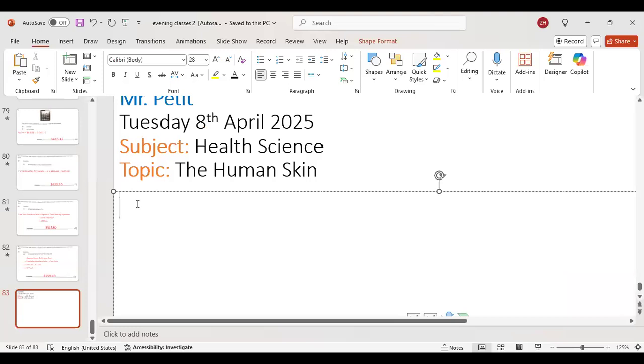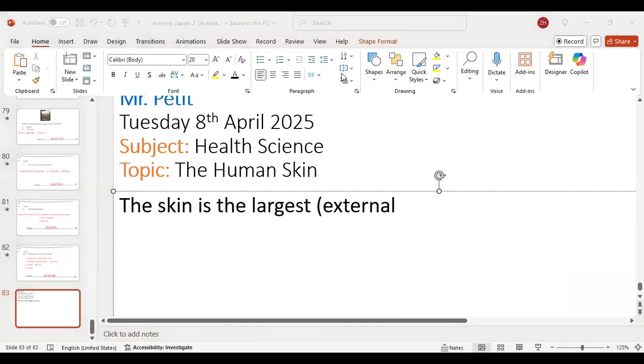So the skin, which organ is the largest external organ? The skin, very good. So the skin is the largest organ and the largest external organ. And the skin is responsible for getting rid of the waste. Write this down for me, please.